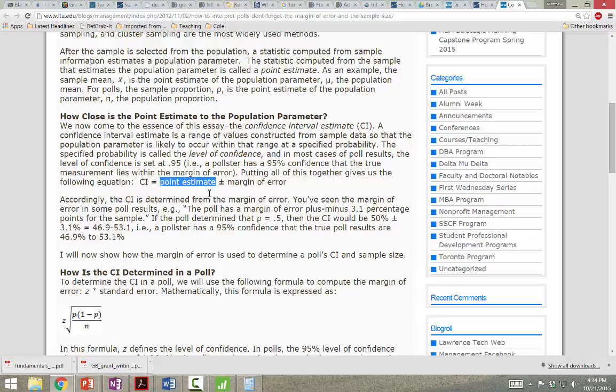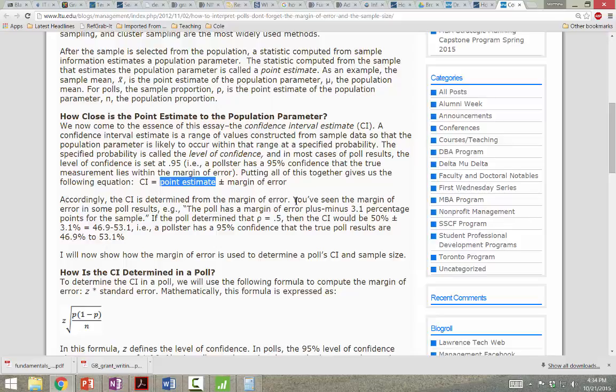So if the point estimate were the sample mean, then the confidence interval would equal the sample mean plus or minus the standard error of the mean. And as we learned in Chapter 8, that's the standard deviation divided by the square root of n.